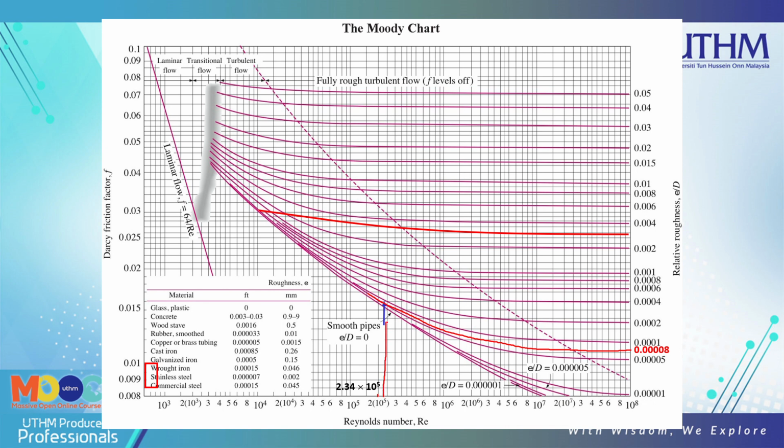You get the number here, and then just take it across this part until you get the value of F, 0.0159. So you get F is 0.0159.